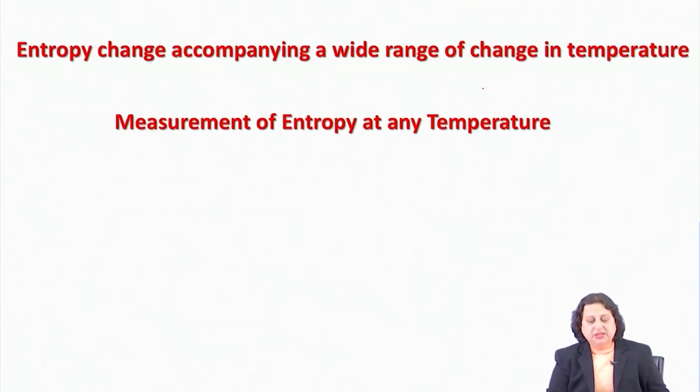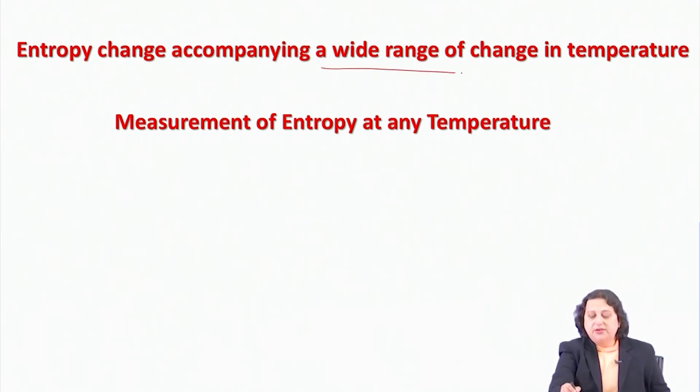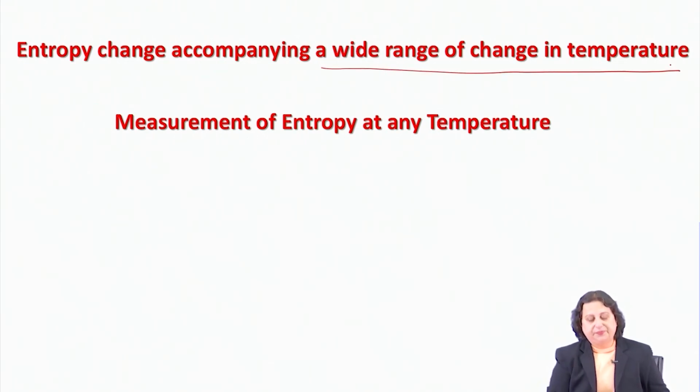Now the next question that comes into the picture, keeping all these in mind, is whether we can calculate entropy change accompanying a wide range of change in temperature. Now if you have a pure substance, you can equivalently say, can I measure entropy at any temperature?